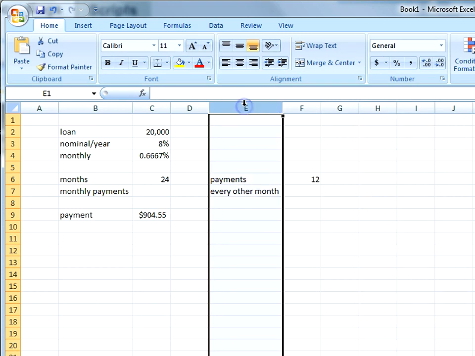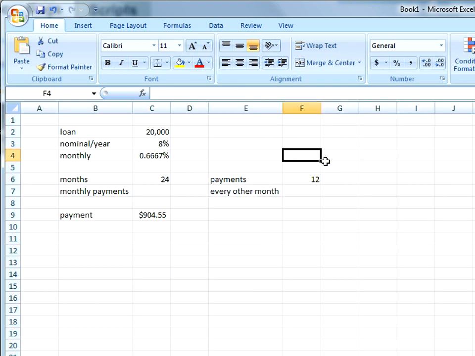So if that's the case, we need to compute the effective interest rate that would allow us to still use P given A, but now the effective interest rate needs to be the effective interest rate for 2 months, right?